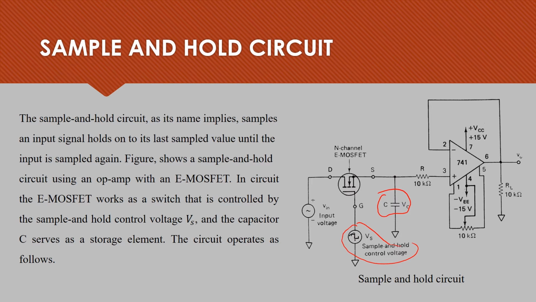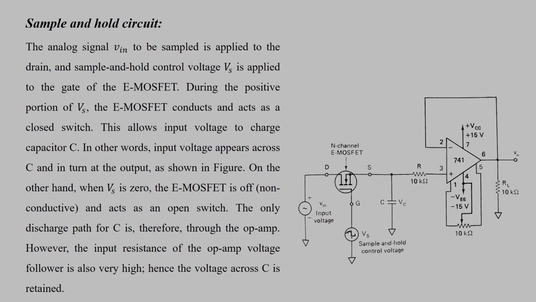So this circuit operates as follows. The analog input signal Vin is applied to the drain and sample and hold control voltage Vs is applied to the gate of E-MOSFET.